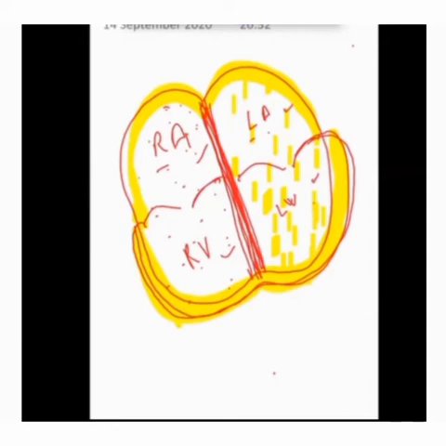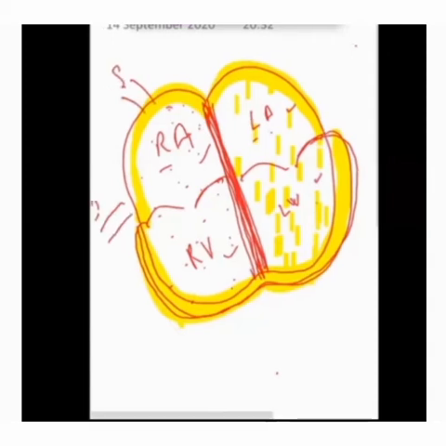The right atrium has 2 openings, the superior and the inferior vena cava. The superior vena cava gets impure blood from the head and neck region, whereas the inferior vena cava collects from throughout the body. Both open into the right atrium, so the right atrium now has impure, deoxygenated blood.